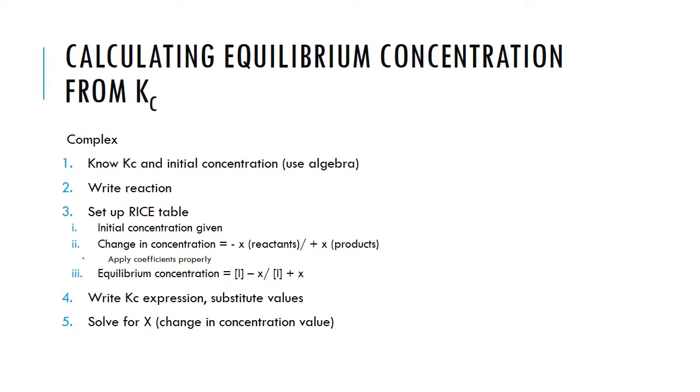Now that's going to give you your change in concentration. You are not done yet. Once you know the change, you can then find the equilibrium concentration for each compound. These are a lot of steps, but it's those final equilibrium concentrations that are where the points are in this type of problem.